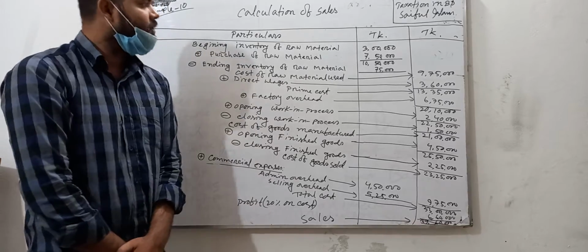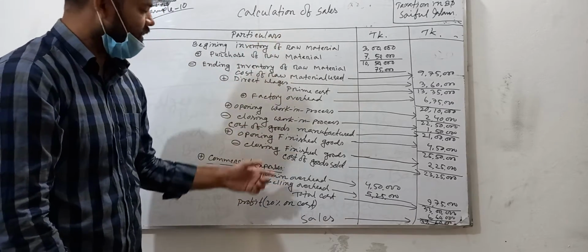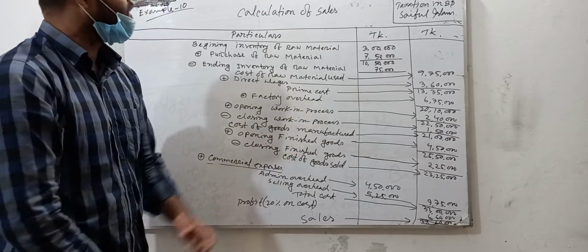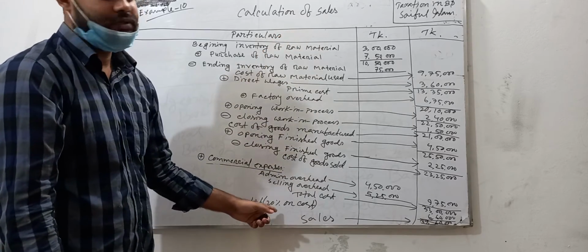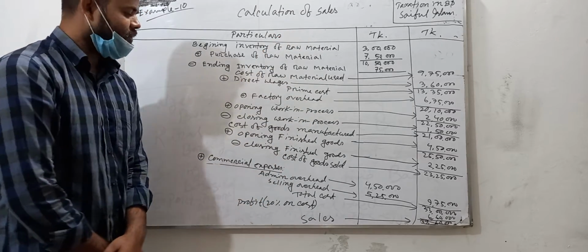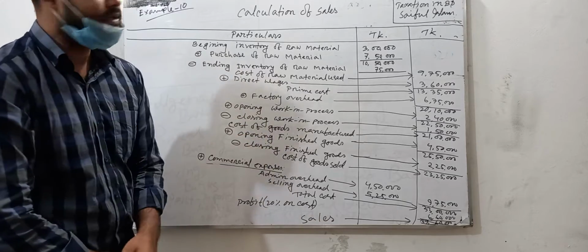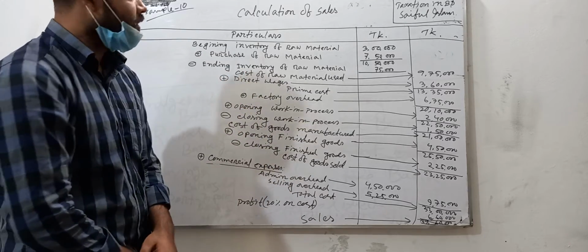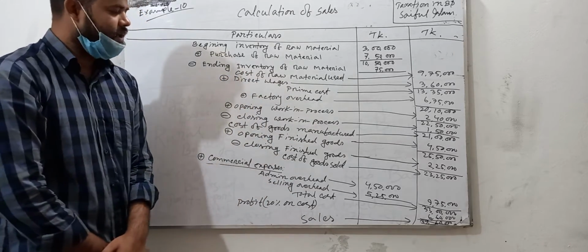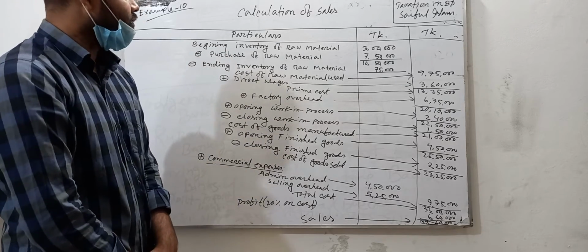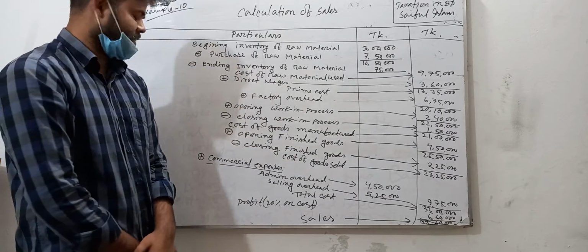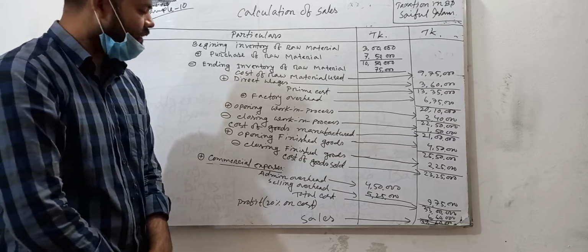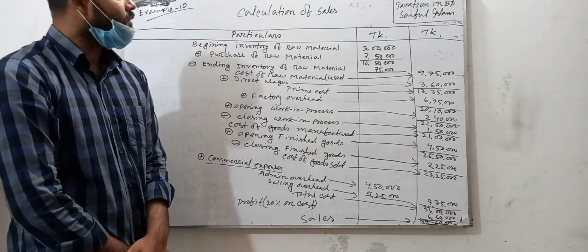Dear student, actually we have prepared the table only for calculation of sales, or what is the total sales of the company or of the business. Without sales, we cannot calculate that.